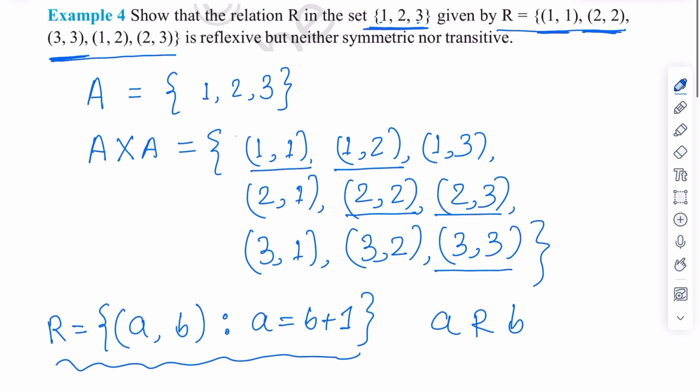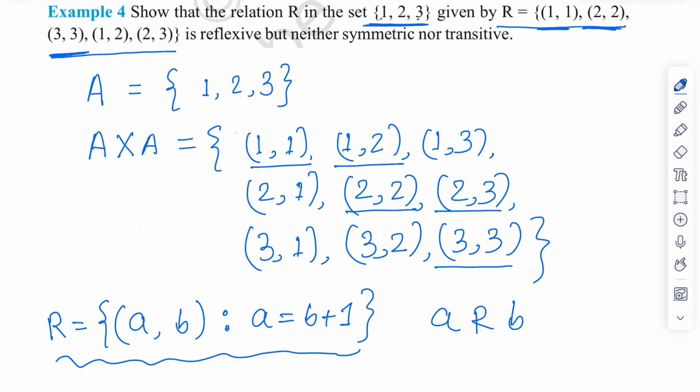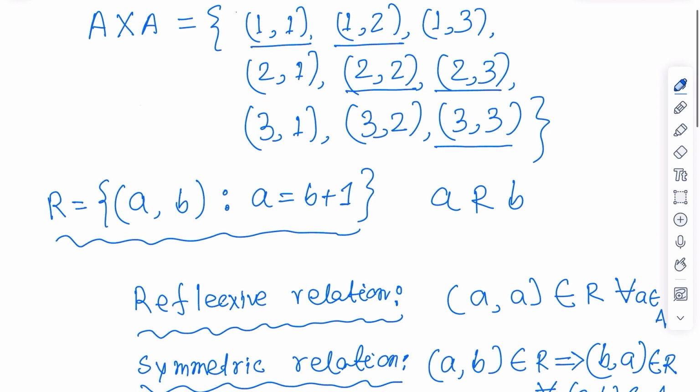Now you see, we know that if (1,2) is present in the relation, then (2,1) should also be present in the relation. If (a, b) is present, then (b, a) should also be present. You see, (1,2) is present here, but (2,1) is not present here, isn't it? Therefore, it's not a symmetric relation.